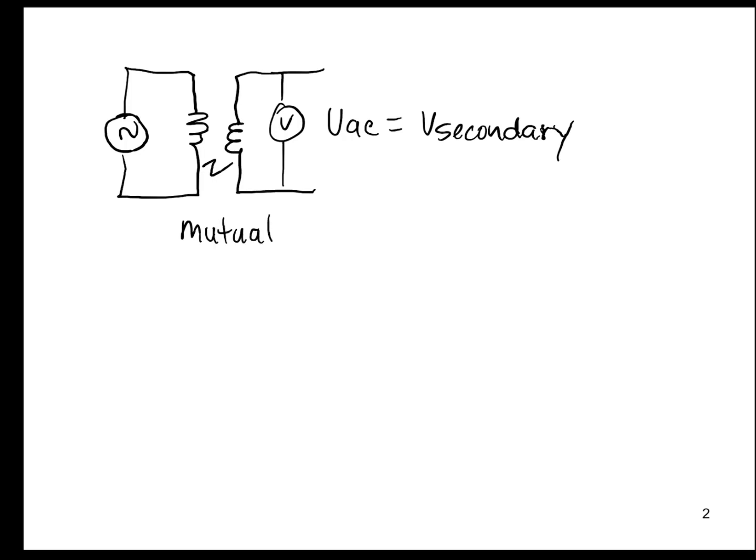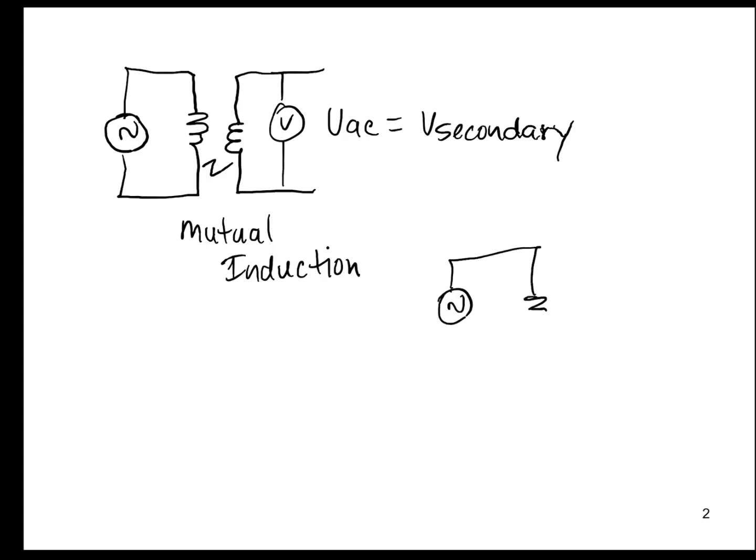This is describing something called mutual induction. When the magnetic field of one coil induces a voltage and current in a secondary coil, that's called mutual induction, and that's really describing what we have going on with a transformer.